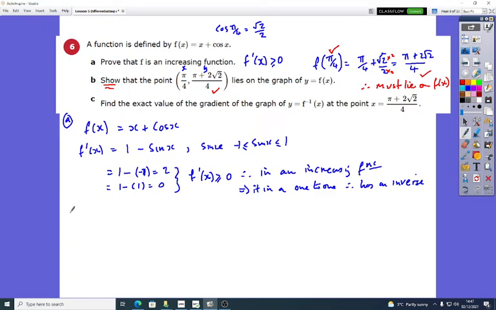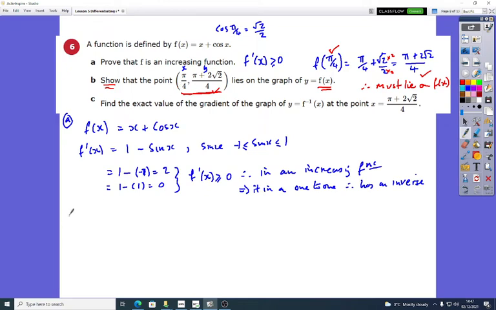Now, C. Now this is very important, what they stated here. The reason why it's important is because it's talking about your f of x, and it goes here: find the exact value of the derivative of the inverse function at that point. It's important because there you go, this is domain and range switched over.